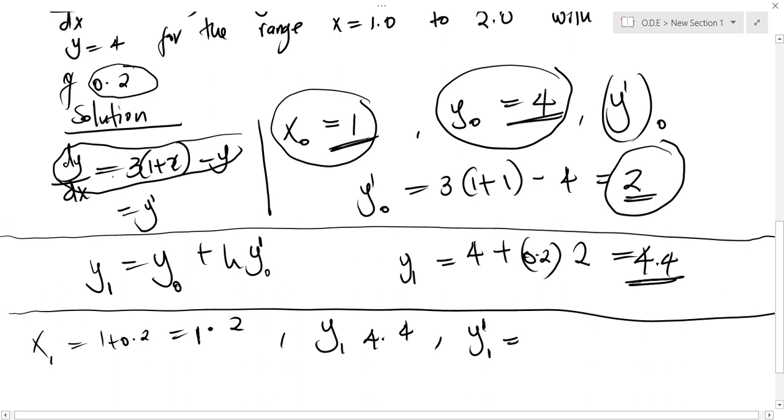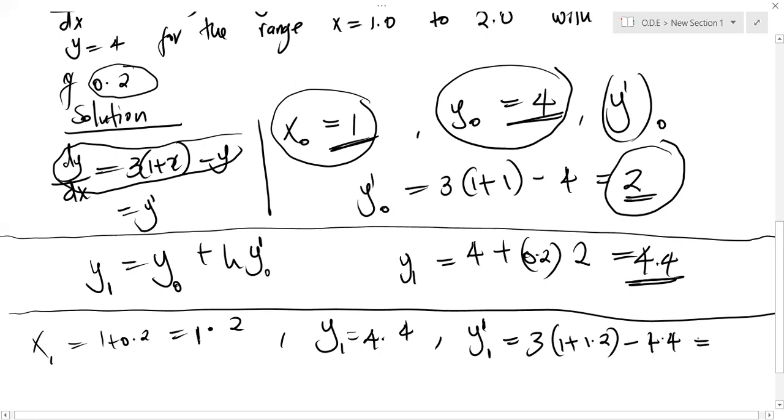Our y prime of 1 will be equal to what? We know our dy dx is this. So where there's x, we are replacing now with x1, and our x1 is 1.2. So what will that give us? That is 3 into 1 plus, instead of x, we will put 1.2 minus, instead of y, we will put y1, and the value of our y1 is 4.4. So what's the value of our y prime of 1?